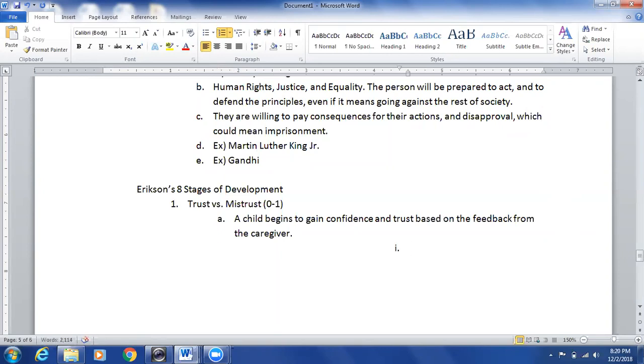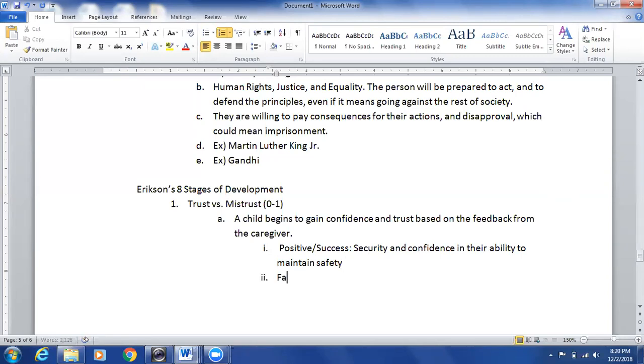But so this is where a positive result or success, because there's success and there's failure within Erickson's. So success here is security and confidence in their ability to maintain safety.